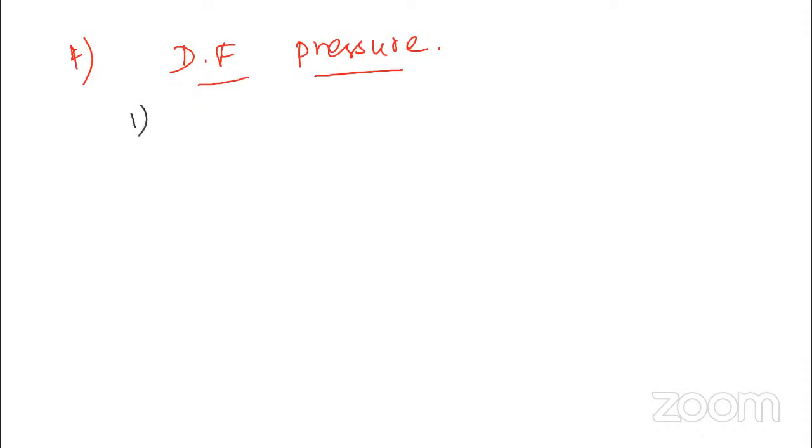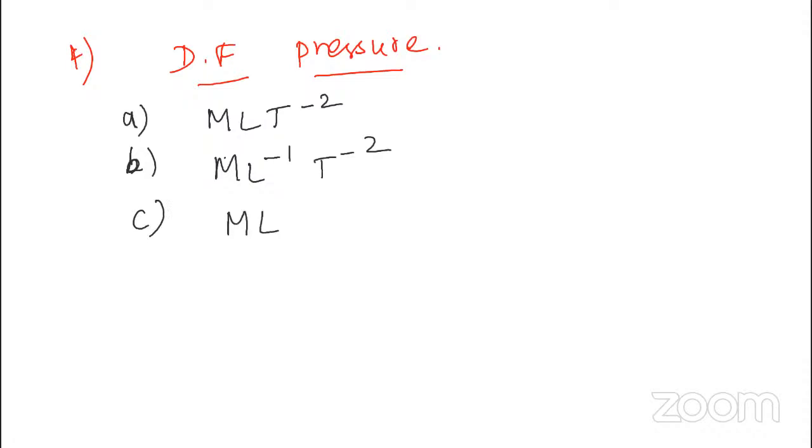Options: M L T power minus 2; M L power minus 1 and T power minus 2; option C, M L power minus 2, T power minus 2; and D, M power minus 1 and L power minus 1.